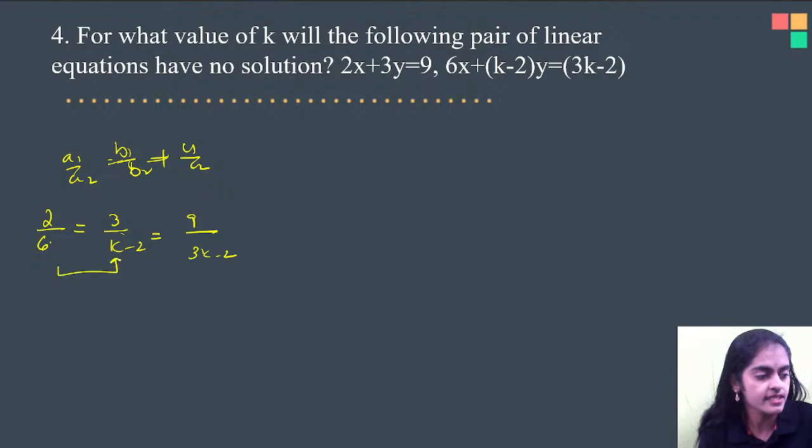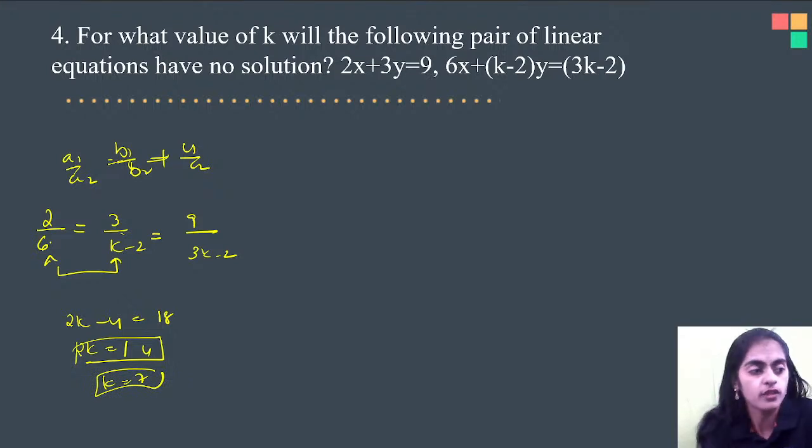Since these two lines are parallel, we can directly take the first two ratios, because when the lines are parallel, we know a1 by a2 is equal to b1 by b2. So I'm just taking these two. Cross multiplying, 2k minus 4 equals 18, or 2k equals 14, or k equals 7.